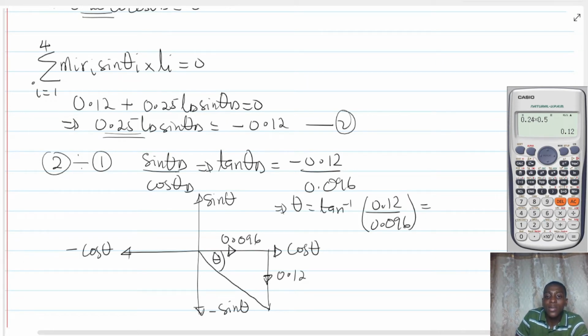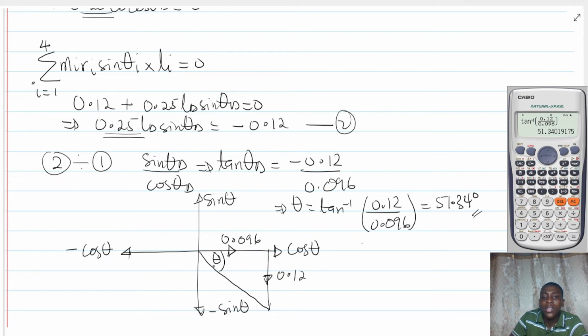And what is that? Let's pick our calculators one more time. Tan inverse of 0.12 divided by 0.096. I'm going to get 51.34 degrees. But that is not the angle I want. The angle that I want is the angle that it makes with the positive x-axis.